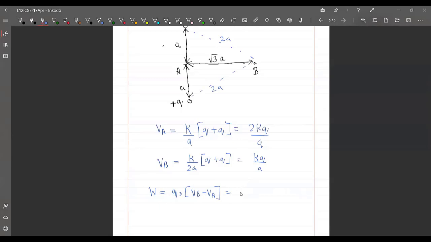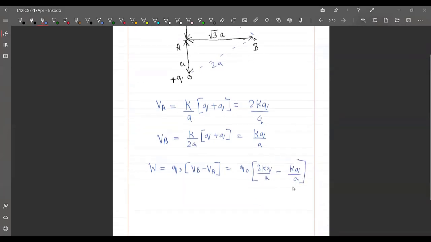Q naught is given as Q naught only, VB minus VA will be KQ by A minus 2KQ by A. So Rishit's answer is correct. It will be minus KQ naught Q by A. This is perfect.